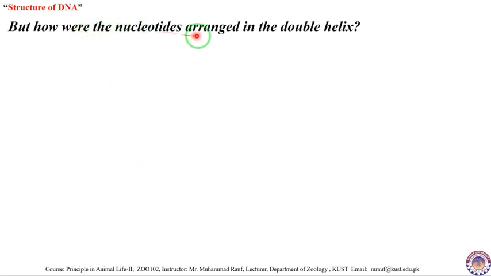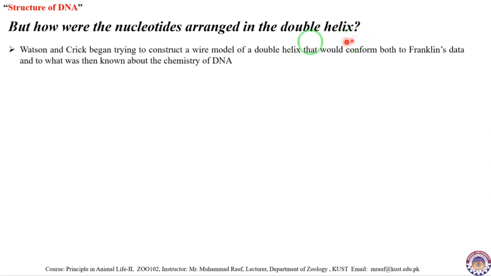But how were the nucleotides arranged in the double helix? Watson and Crick began trying to construct a wire model of a double helix that would conform both to Franklin's data and to what was then known about the chemistry of DNA. Watson and Crick didn't perform any wet lab activity.